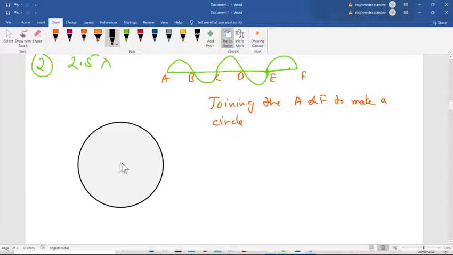That is a circle, and this is your positive. Now we have 5 equal parts from A to F, each lambda by 2.